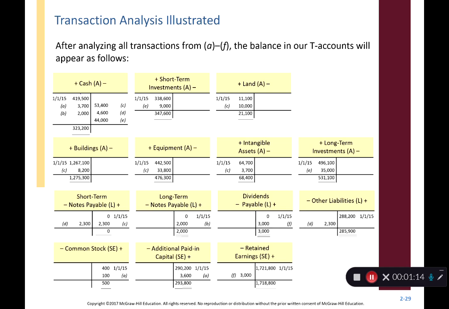So looking at the cash account really quick, just to remind you, $419,500 plus $3,700 plus $2,000 gives me $425,200.